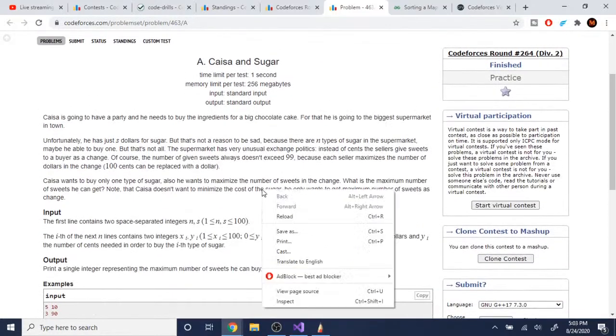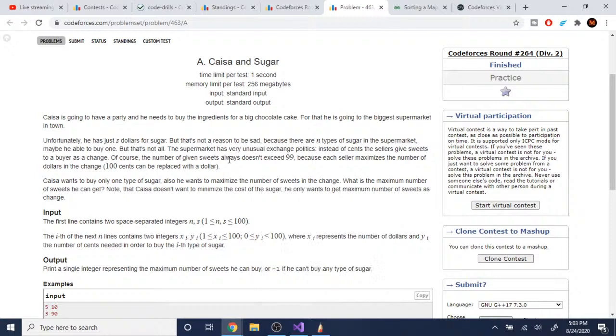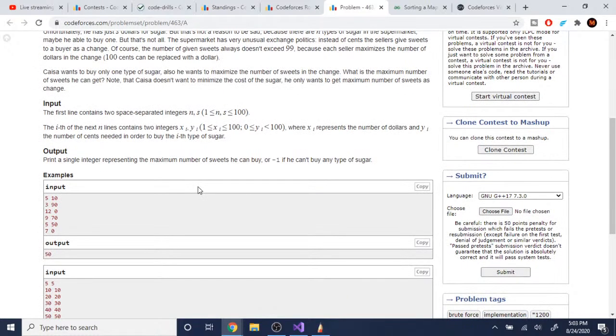Anyway. Okay, so for change, he doesn't want cents. Change, you get sweets. So if I do, I have S dollars.